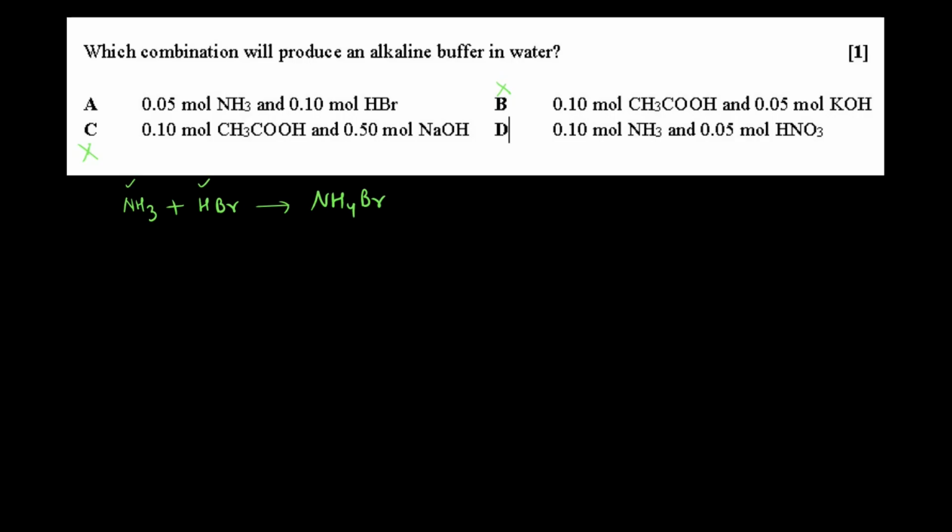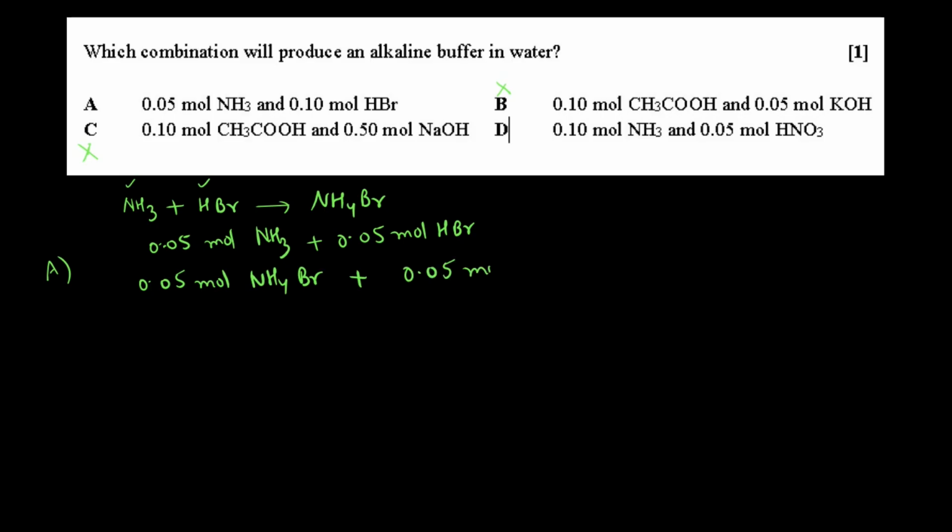So 0.05 moles of ammonia will react with 0.05 moles of HBr to give us 0.05 moles of ammonium bromide. So at the end of the day, from option A we will get 0.05 moles of ammonium bromide and leftover 0.05 moles of HBr. So this doesn't form a buffer.